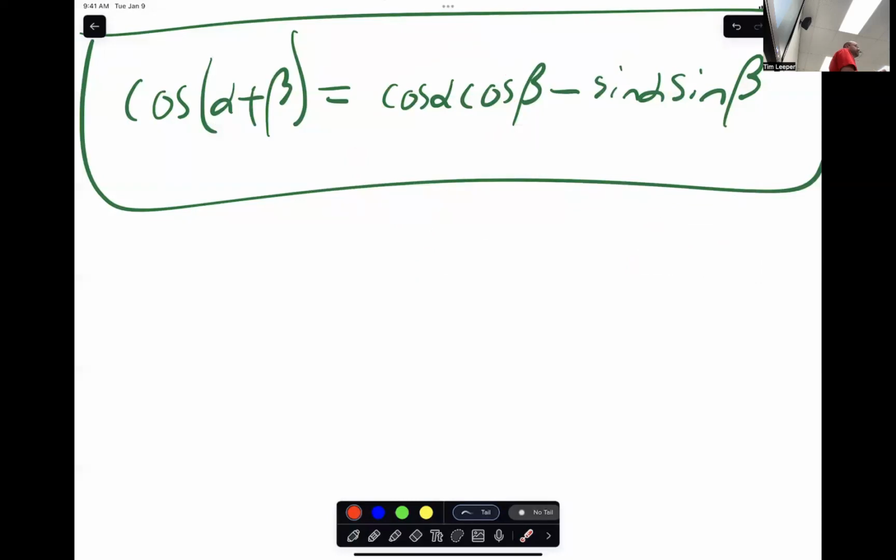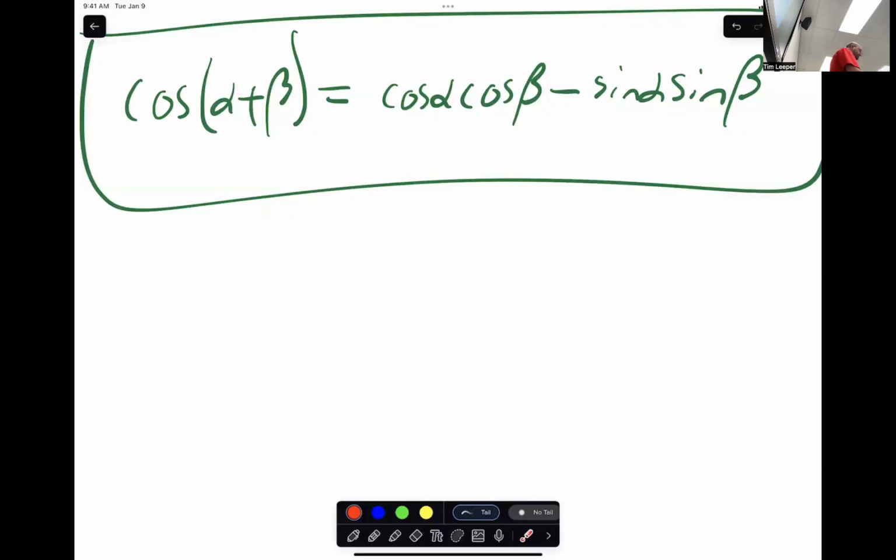Because only when you add up all evens do you get an even for your function. Multiplying two evens together will give us an even, and two odds together will give us an even as well. But that doesn't tell us which one is going to be which, because with that minus, order matters here. So just remember cosine is the x coordinate, so it goes first. Sine is the y coordinate, so it goes second.